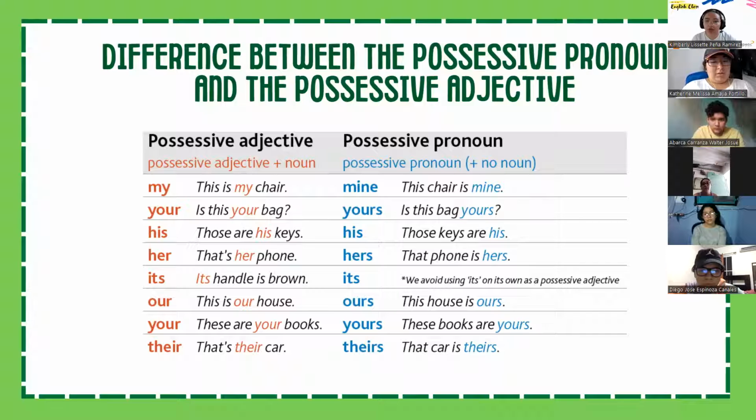Okay, de ustedes. That's their car. Ese es su carro, pero de ellos, o sea, plural, right? And that car is theirs. What am I saying? Este carro es de ellos. Okay. Questions about this?